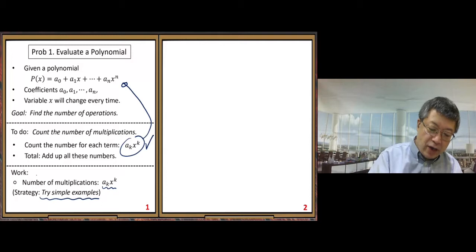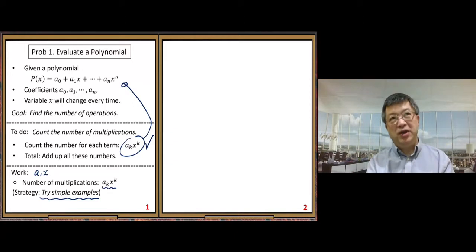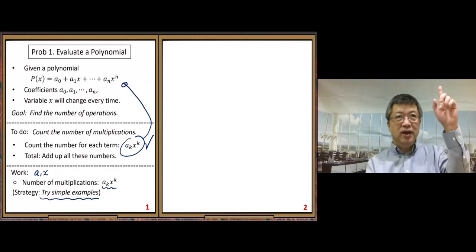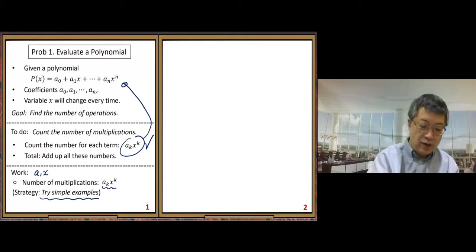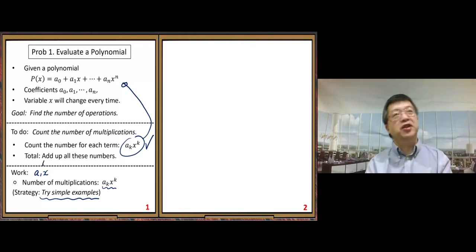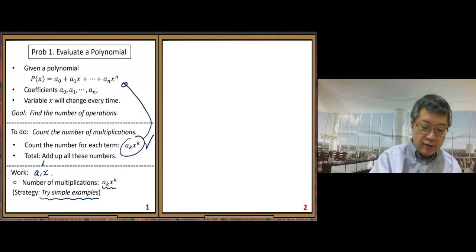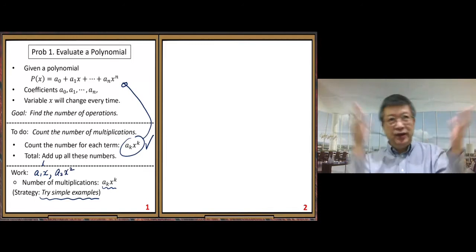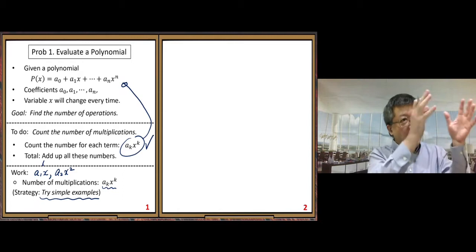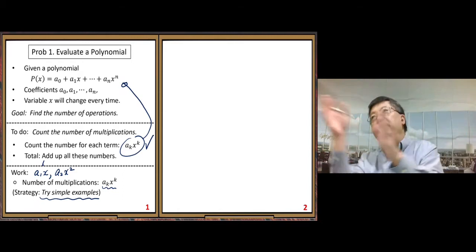The first concrete simple case, a1x. How many multiplications do we need? Just one. a1 times x. Just one multiplication. So we can get an answer easily. Second simple case, a2x squared. How many multiplications do we need? 2, because a2 times x times another x.